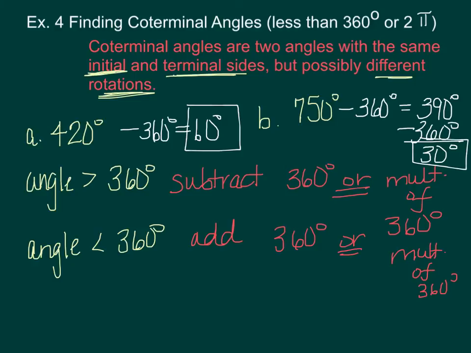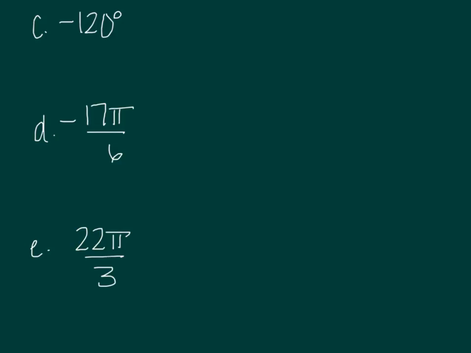For those that are visual, this is how it would look if I had to draw 420. 420 would land me here in quadrant 1. And if I just drew 60 degrees, it'll also land in quadrant 1 at the same place. That's coterminal. Okay, so for C, this is smaller than 360, so you're going to add 360 or a multiple.